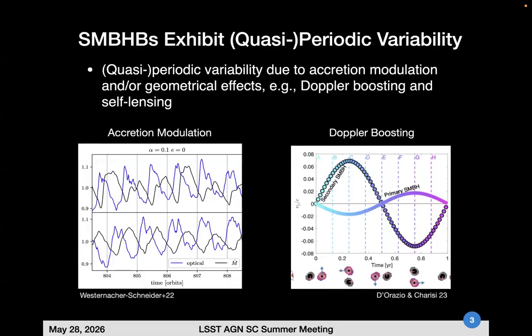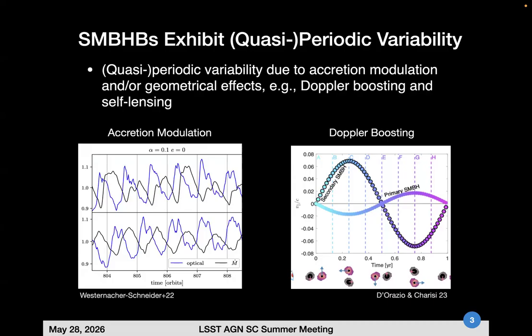Okay. And Charisi has predicted that supermassive black hole binaries actually create this, right? They are expected to show periodic or quasi-periodic variability in their light curves, due to many different mechanisms. For example, the binary is modulating the accretion onto the black holes, so the accretion rate changes, showing some kind of periodic behavior, and that will translate to luminosity.